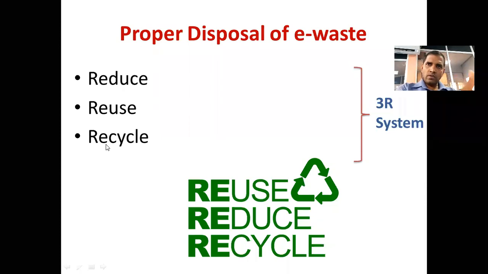Assume you have computers, printers, televisions or mobile phones, and they are not working. You cannot repair them. So try sending them to these recycling institutions or recycling companies. They will come to your door and collect them. So give them. These devices can be used as raw materials for producing other electronic devices.